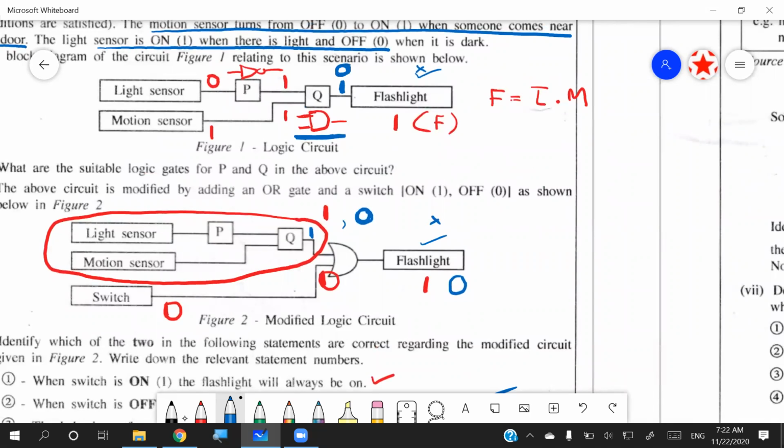But if you receive 0 over here, and if someone puts the switch on, you are going to receive 1 over here. That will light up the flashlight.